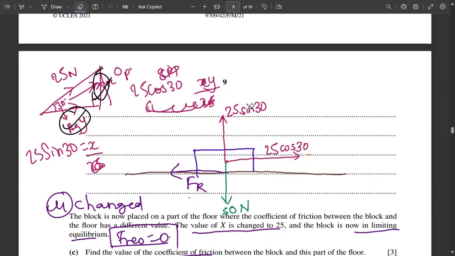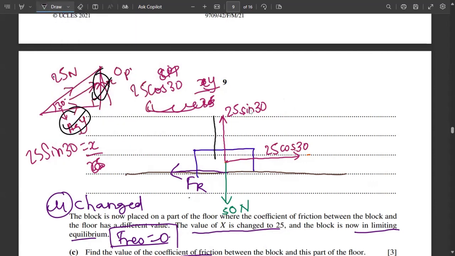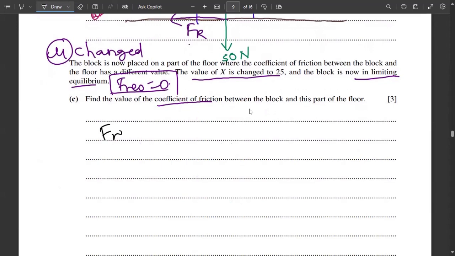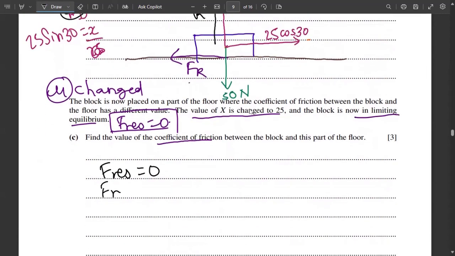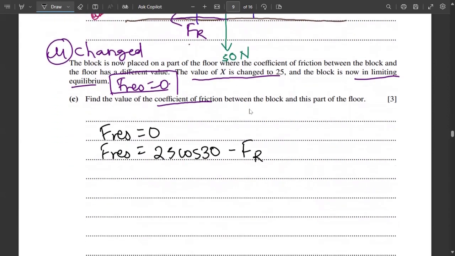Okay. And what else? Yes, the contact forces will act upwards. We'll talk about it later. First, let's start now. So F resultant will be 0. We know that. And what is F resultant? F resultant is the force on the right minus the force on the left. What is the force on the right? 25 cos 30 minus the force on the left, which is FR. Now, what is FR?